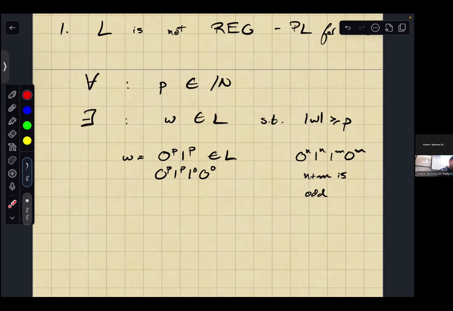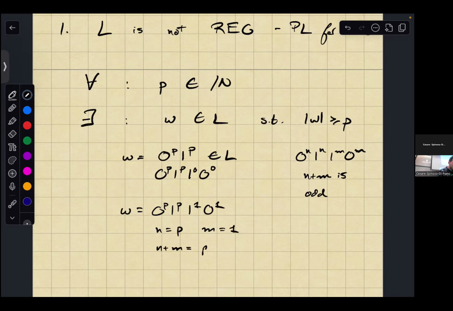So then, okay, let's see. Can we fix this issue by saying w is 0^p 1^p 1^1 0^1, right? Well, if I have this, okay, maybe not. If I have this, then m is 1, and n is p. So n plus m is p plus 1.